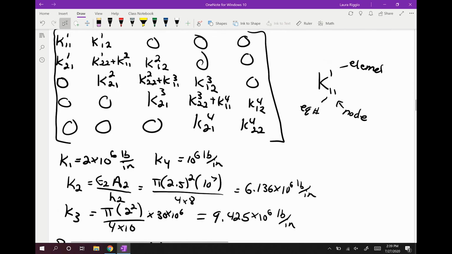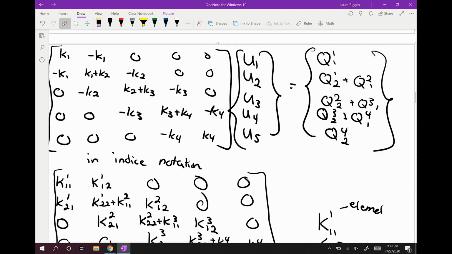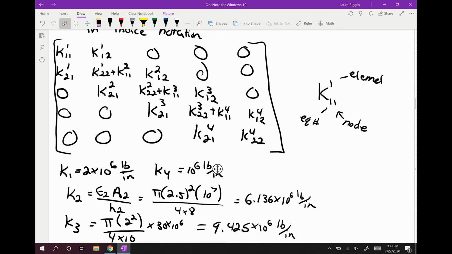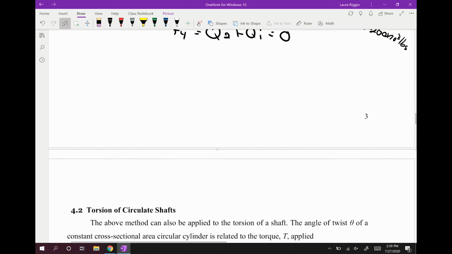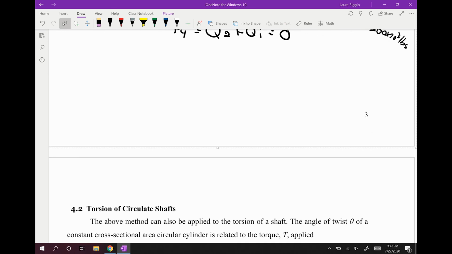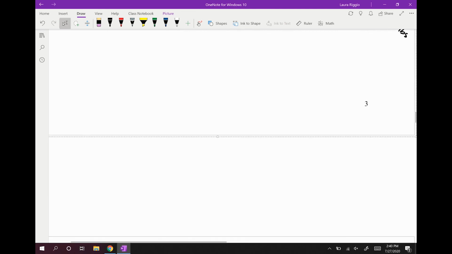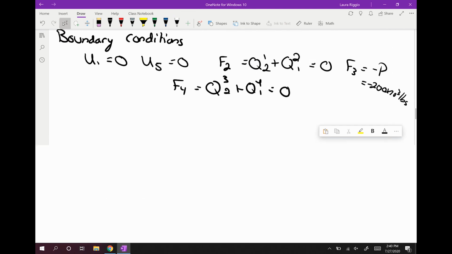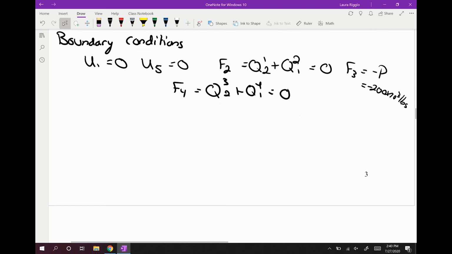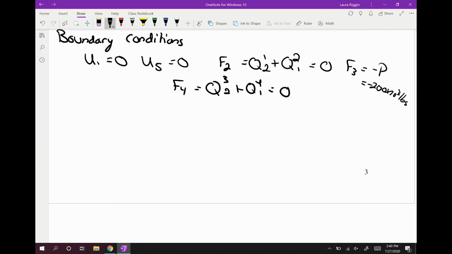So what we're going to do is condense our system of equations down, which means we're going to remove rows and columns that we don't need, based on our known primary variables. So I want to get rid of columns 1 and 5, and since I want to get rid of columns 1 and 5, I'm also going to remove equations 1 and 5.